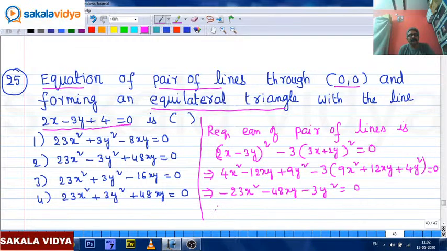Multiply with minus, you get 23x square plus 48xy plus 3y square equals to 0. That means the fourth option is the right option.